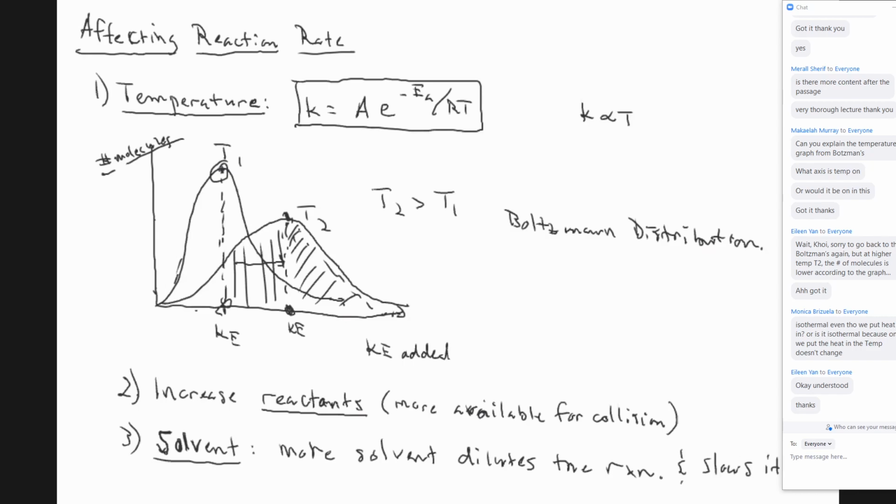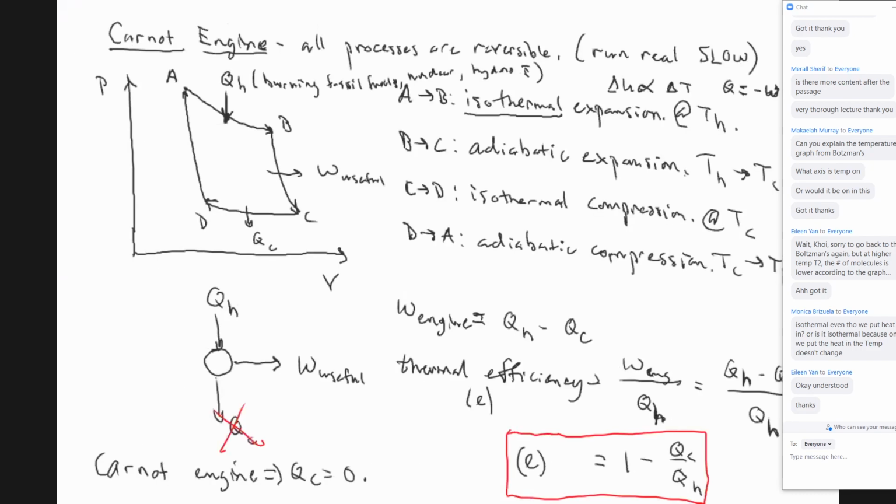It had that exhaust valve. That's why they were able to shoot photon torpedoes down it, or whatever they shot down the thing. But in real life, everything has an exhaust, and so we know that the energy is going out somewhere because we can't convert it completely. Only in a Carnot engine is QC equal to 0. But yes, thanks for pointing that out. There should be no QC at this bottom step right here if it was a Carnot engine.